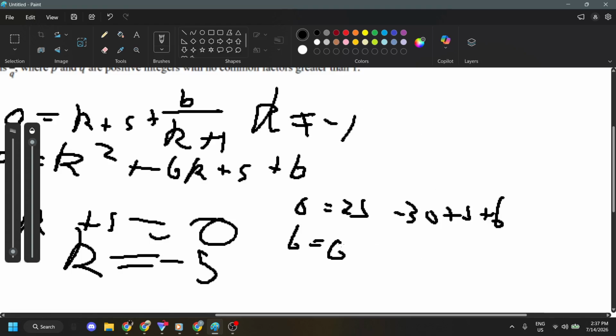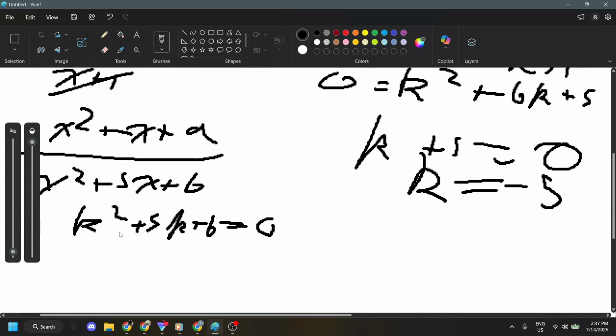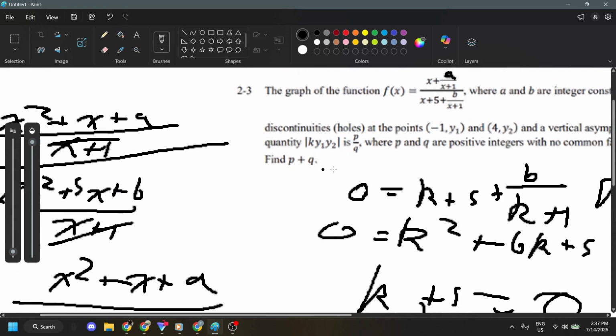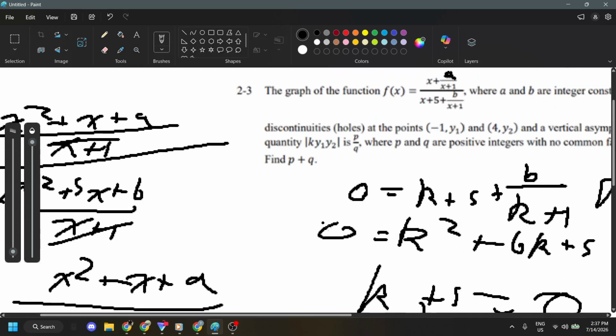Huh. That wasn't allowed though. That's scary. Oh my gosh. Okay, maybe b is equal to 0. Let's say b is equal to 0. Nothing says it has to be positive or anything.